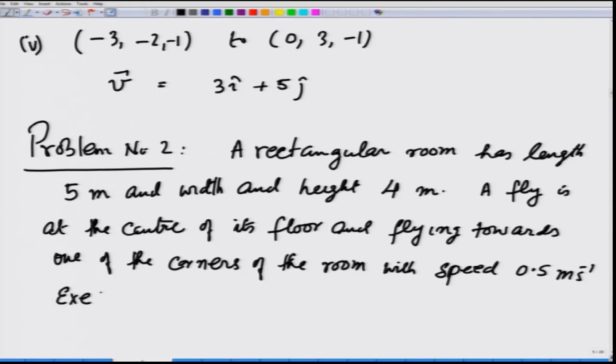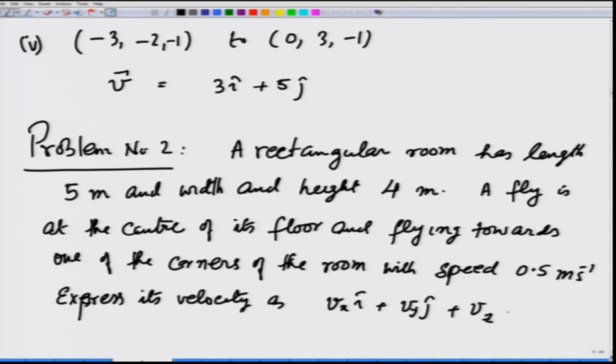Express its velocity as Vx i plus Vy j plus Vz k.